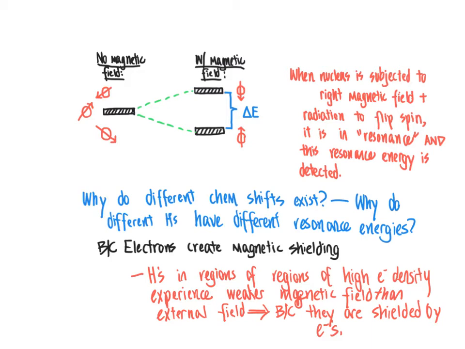So what we can do is look at that information and apply it toward a table or chart of representative chemical shift values. And we can look at the impacts of this shielding effect on the exact chemical shift of different types of functional groups.